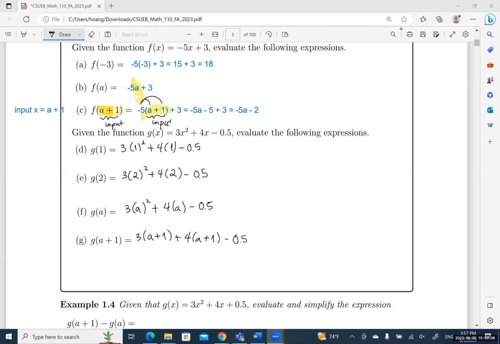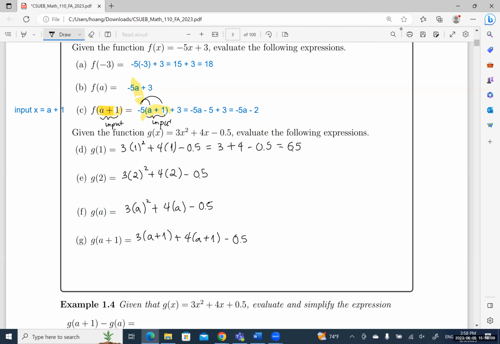I hope everyone finished D and maybe substituted E, F, and G as the input there, right? So I should have this as 3 plus 4 minus 0.5, and if you use calculators or hand calculations, you want to have 6.5.